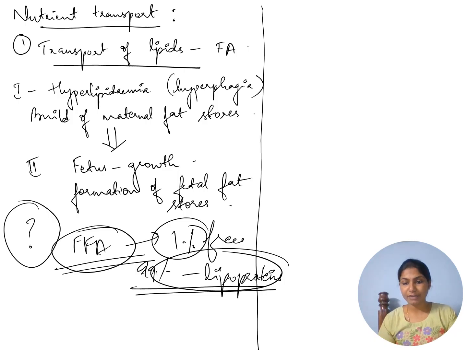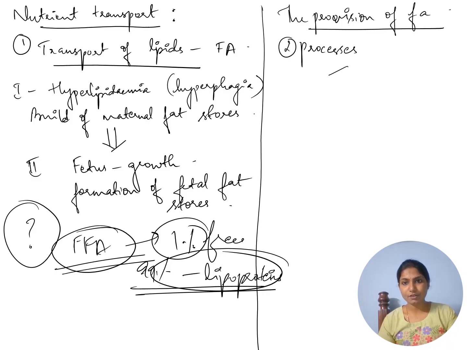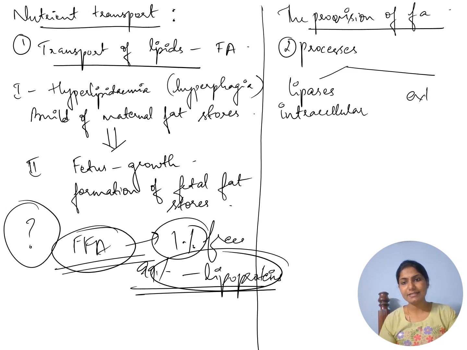The provision of fatty acids at the level of the placenta occurs through two processes, which involve two types of lipases. One is intracellular lipases and the second one is extracellular lipases.